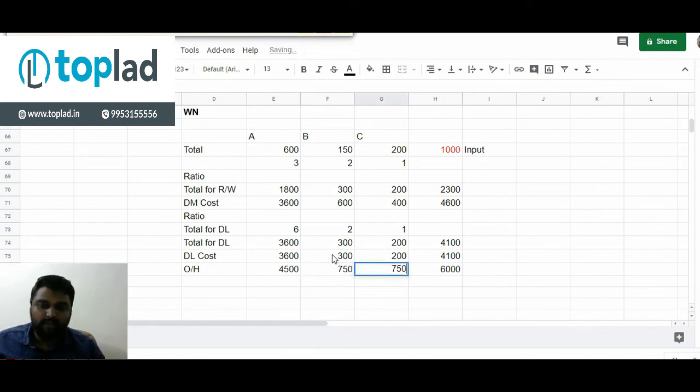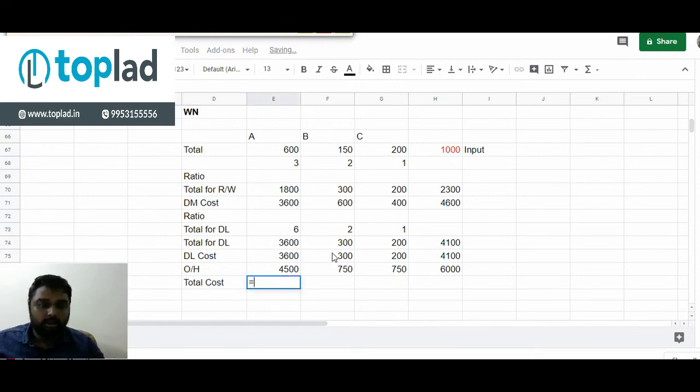Same ratio. So what will be the total cost? You have to do it separately, but I want to save time, so I am doing it here. The total cost, you have to show these three alone: material, labor, and overhead. Got it? You can counter check your answer also.